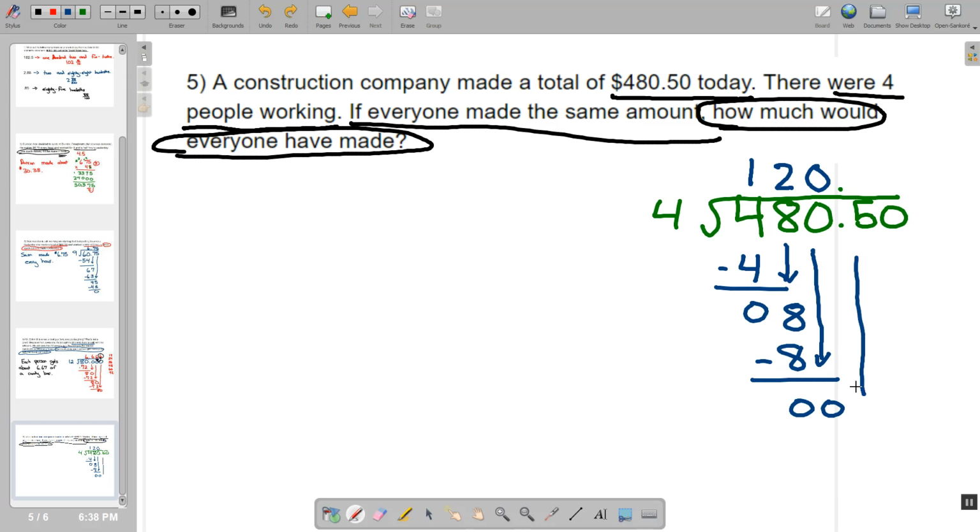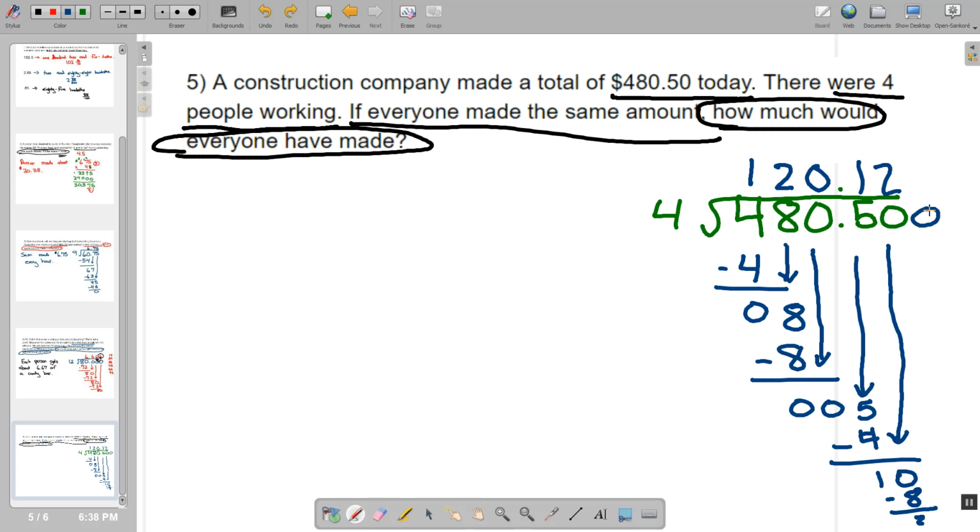So our next digit is a 5, where 1 4 can fit in without going over. So now we have an issue at the end here, because we have a remainder of 2. So when we are working with decimals, we can always add more zeros behind the decimal place, because that does not change the value of our problem, which will bring a 0 down here.